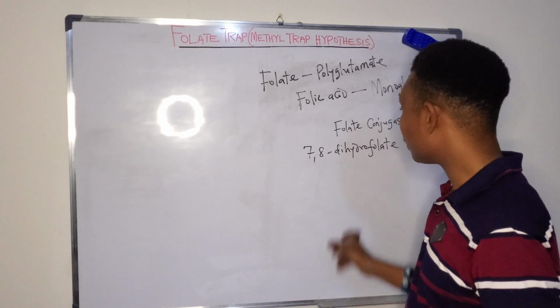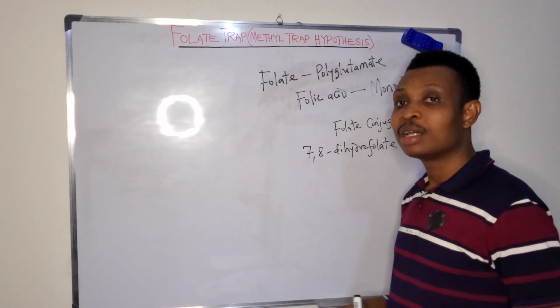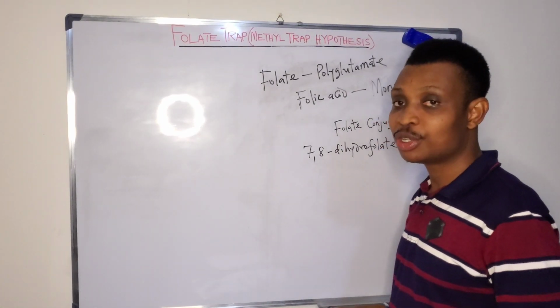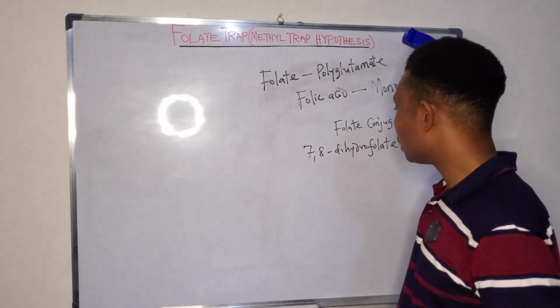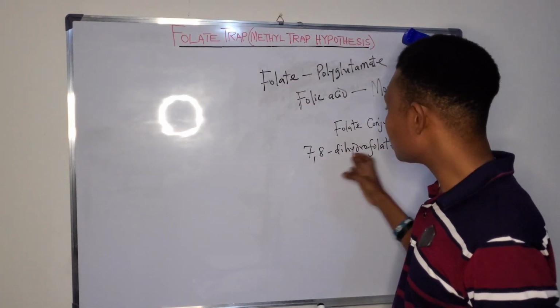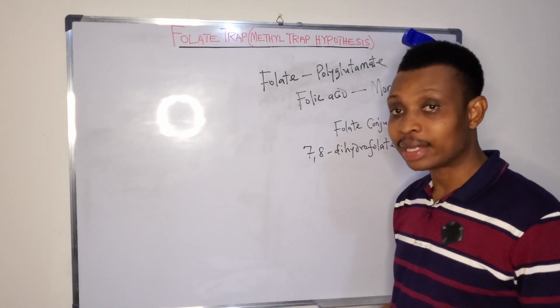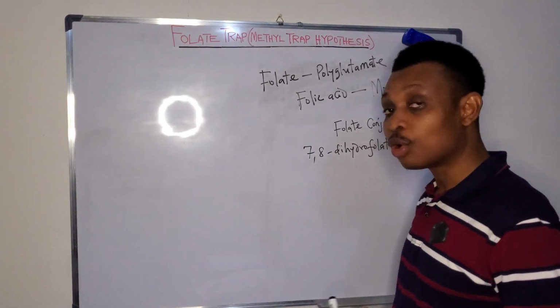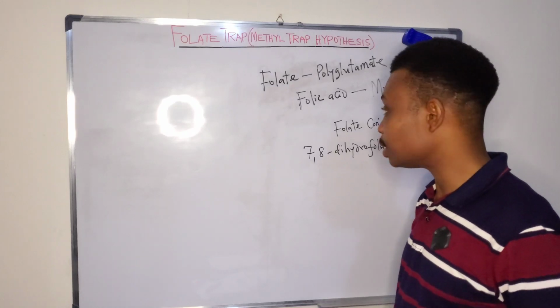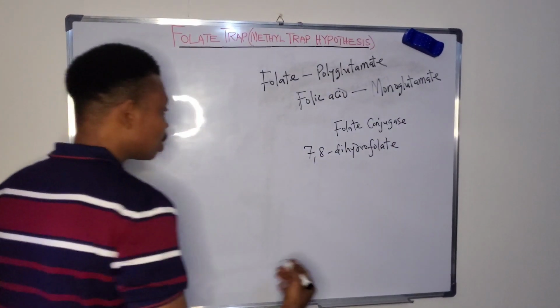Okay, now after this there will be further hydrogenation. So this hydrogenation, of course, will take place in the presence of an enzyme called folate reductase. So there will be something like this.